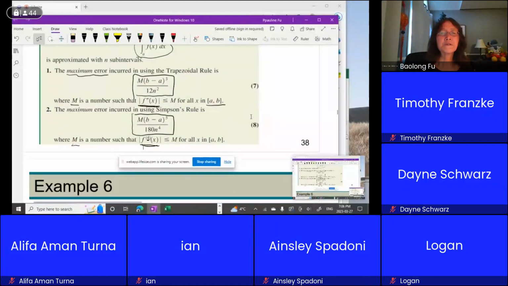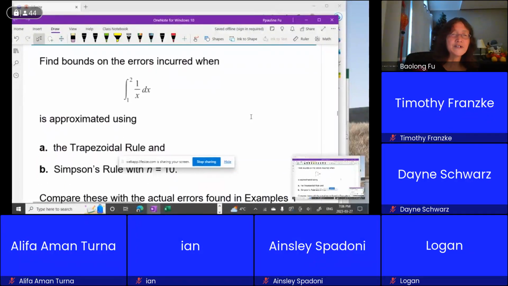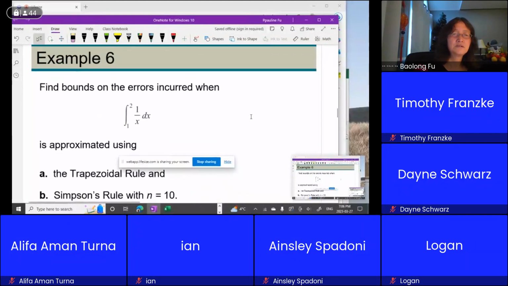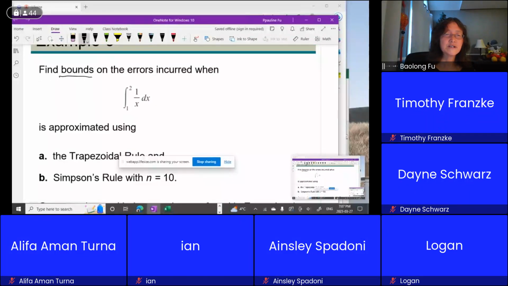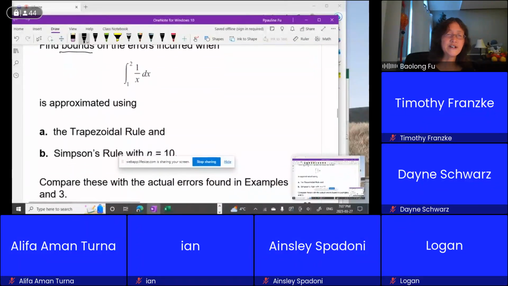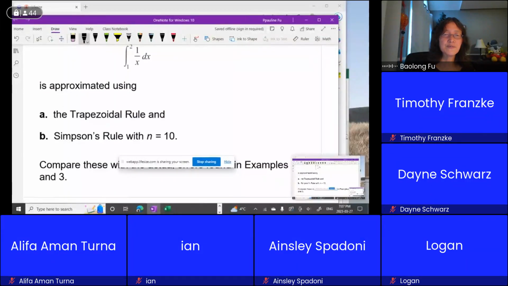Okay, let's take a look at an example. Find the bounds on the errors incurred when the integral is approximated using A, the trapezoidal rule, and B, Simpson's rule. For question A, also n equals 10.